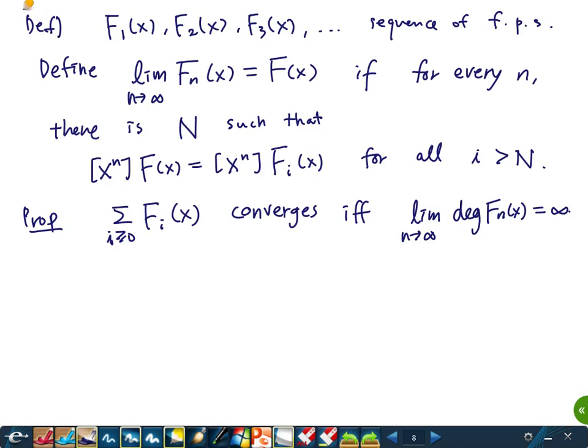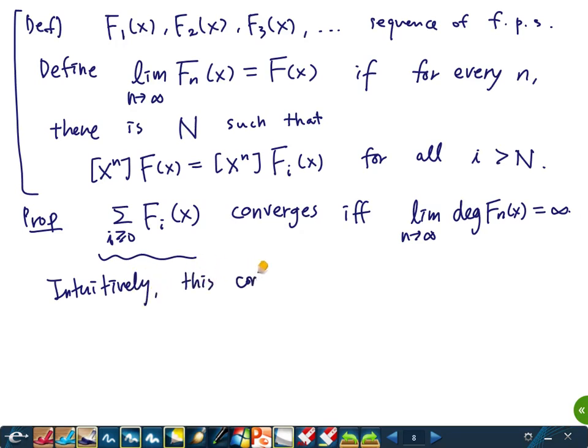Maybe if you just look at this definition, it's a little confusing, but let me say this intuitively. This converges if and only if we can compute. Converges means it is a valid formal power series.